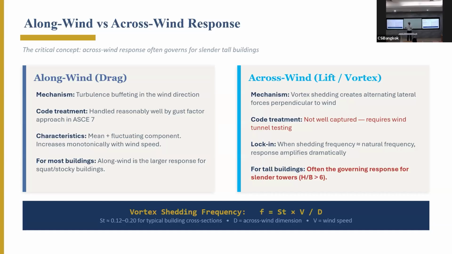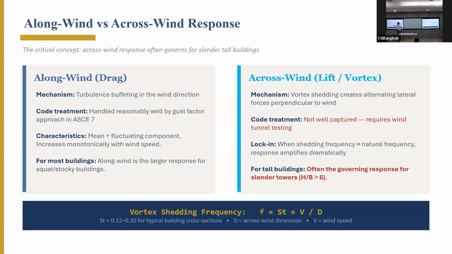It's a normal low wind speed, and it's just flowing, and it starts to create these crosswind eddies, and then the building starts to move slowly, and then it starts to resonate, and then it starts to move more and more, and sometimes it just collapses. So that's the reason we do the wind tunnel, especially. Along-wind is easy, code treatment is there, and it's good for low-rise buildings.